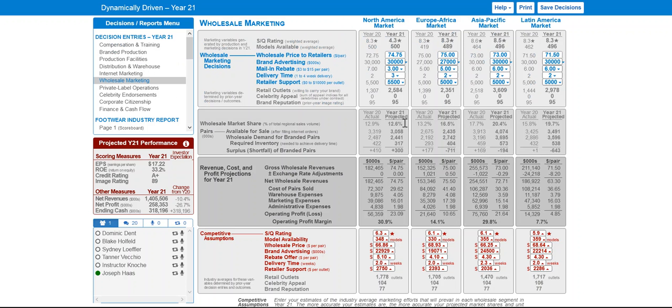The most important screens really to pay attention to were the wholesale marketing, was this operating profit margin was the easiest way to keep track of how you were going to do in that year's run. The higher the profit margin, the higher these numbers went up.